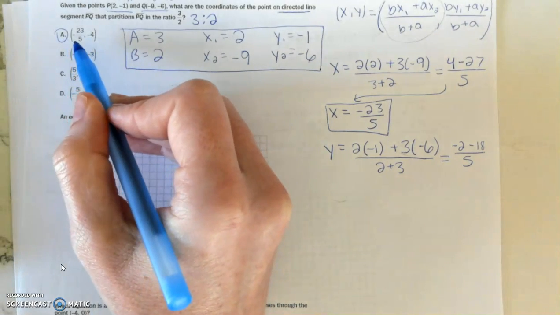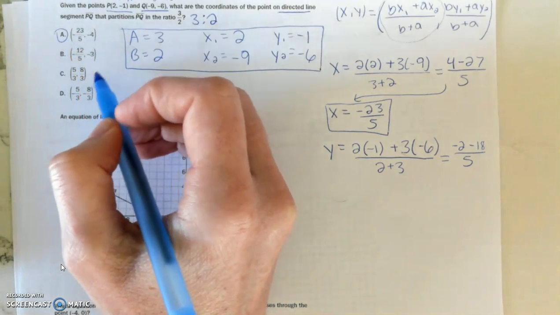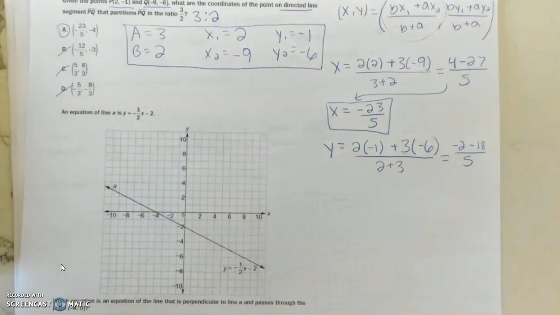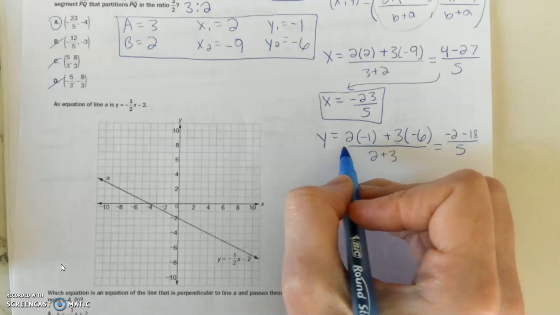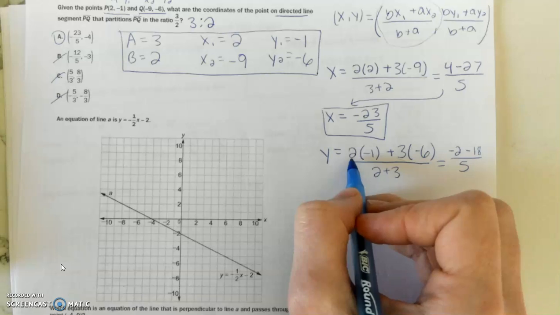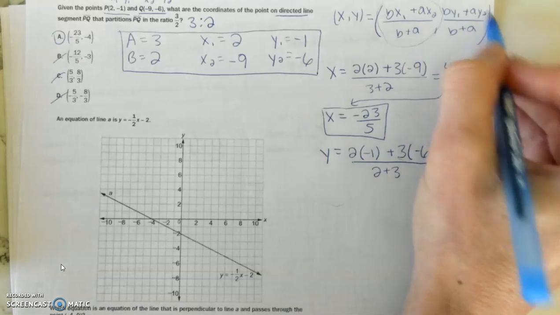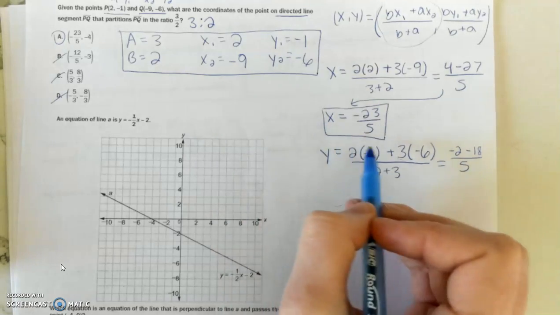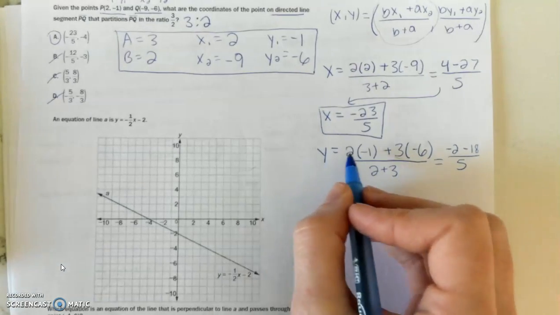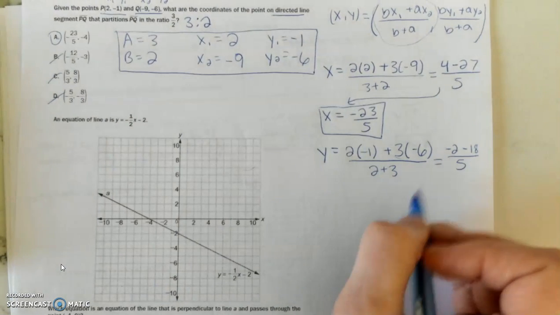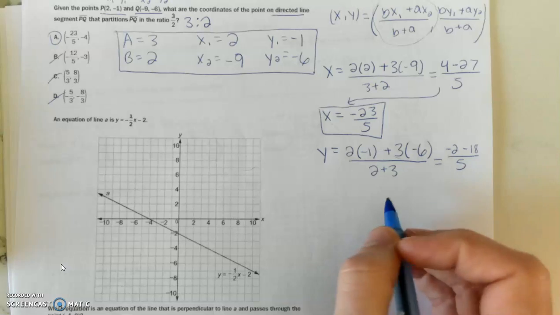A is your only answer choice that has -23 over 5 as the x value, so you can eliminate the others. But you know me, we're still going to do the y just to make sure. So our y is going to use this formula over here. So y is B, which is 2, times y1, which is -1, plus A times y2, which is -6. 2 times -1 gives me -2. 3 times -6 gives me -18, and 2 plus 3 is 5.